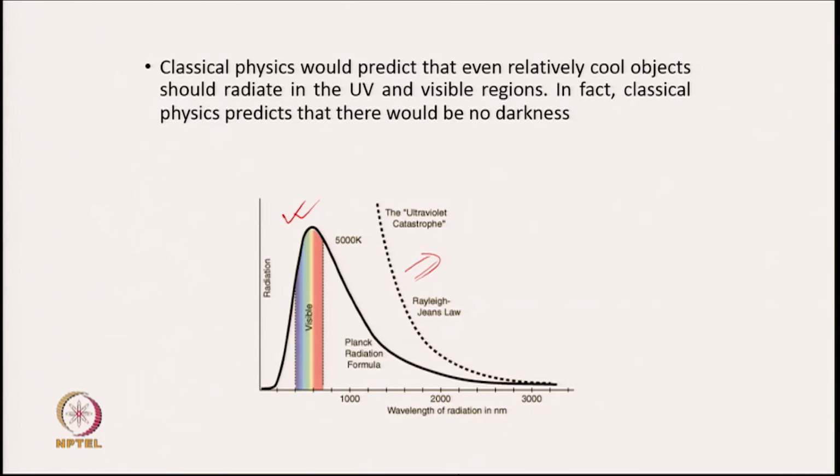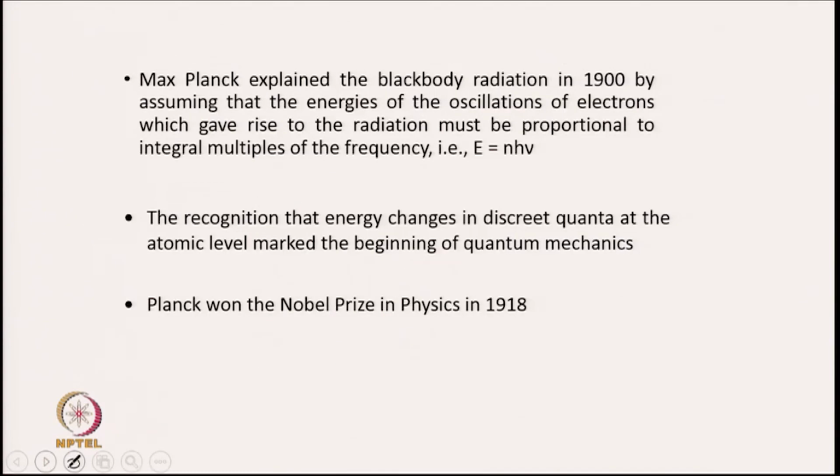With increasing frequency you can see that it goes initially up and then it goes down, and that is quite different from the curve predicted by classical physics. This difference is known as the ultraviolet catastrophe.